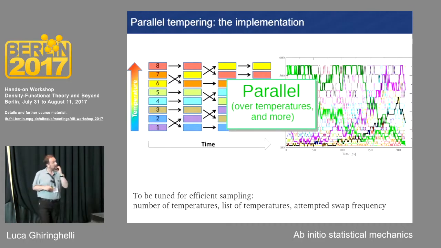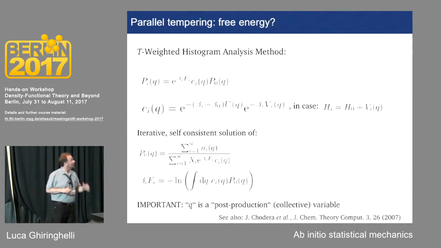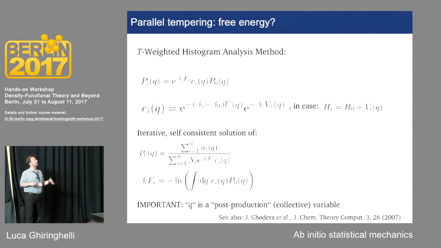What does one get out of this? Well, one can reconstruct probabilities a posteriori. This is just to show a little bit what one can do. The thing is only in this formula: the probability of getting a certain value of the coordinate of the system in the simulation is related to the overall probability by this reweighting factor.